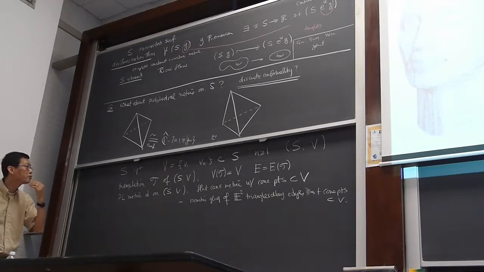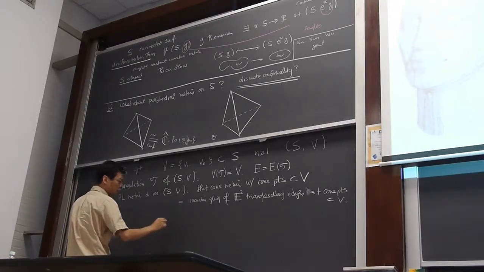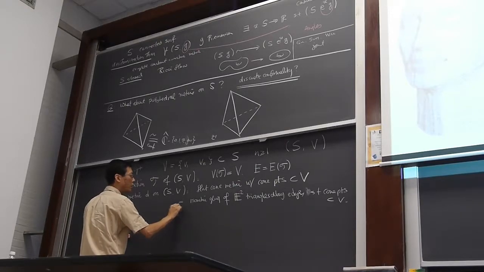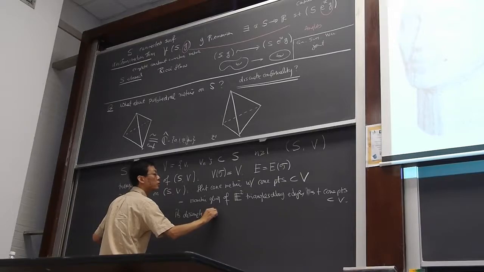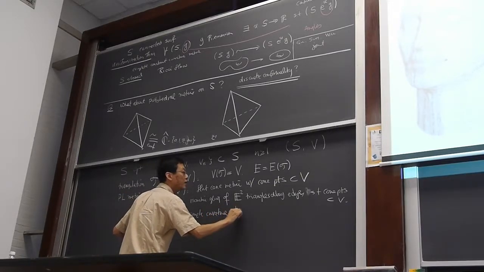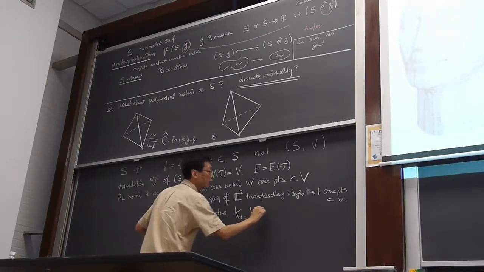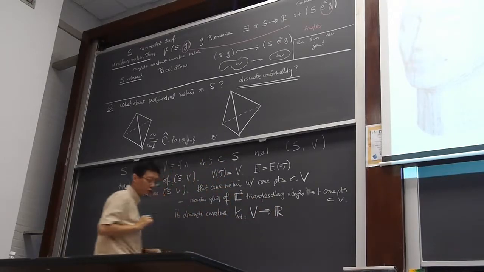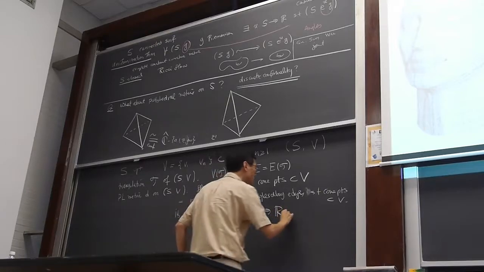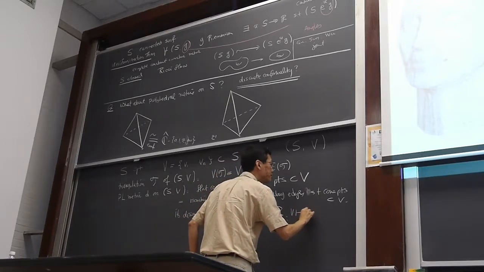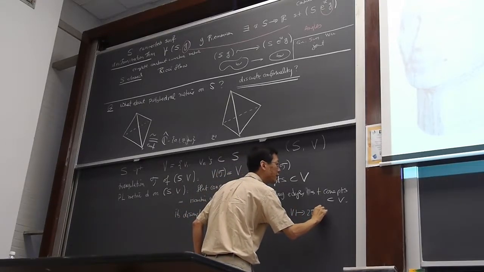And whenever I give you a polyhedral metric, it has a curvature. This is a discrete curvature. I call it K_D, a map which assigns every vertex a number. The assignment is: I give you a vertex, you map it to 2 pi minus the cone angle.